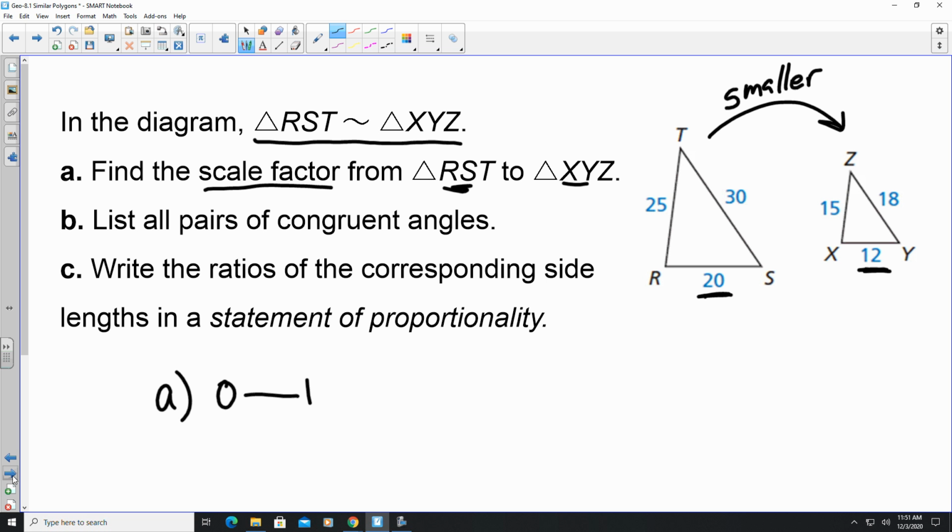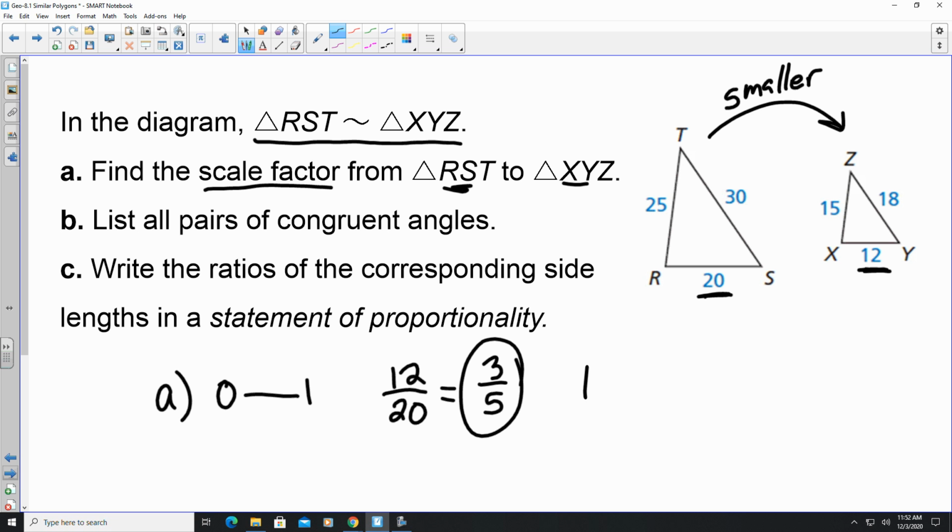They're corresponding sides. So since I know that my scale factor must be between 0 and 1, my fraction has to be written as 12 over 20. And then this gets reduced to 3/5. So my scale factor for these two similar figures is 3/5.